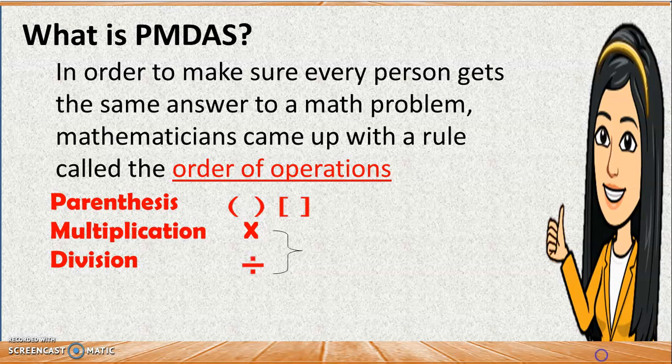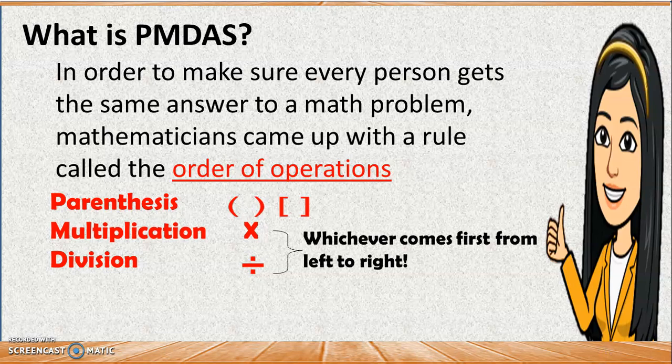The multiplication and division, whichever comes first from left to right. So, if you're going to solve the multiplication and division, whichever comes first from left to right. Always remember, kung alin ang nasa left, yun ang unahin mo.